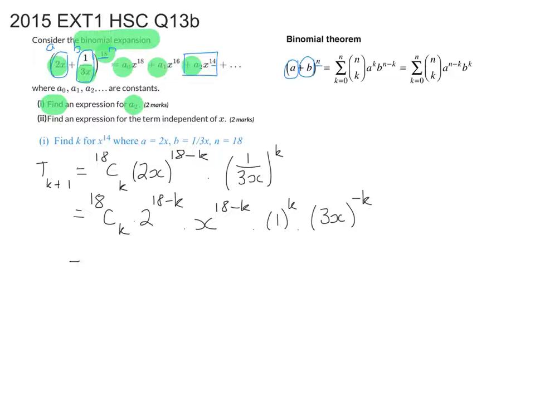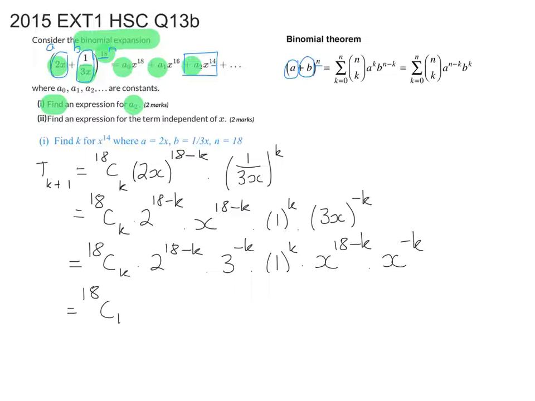So linking all of our like terms, our combination out the front, we have constants 2 to the 18 minus k and 3 to the negative k and a 1 to the k, and our x values 18 minus k and x to the minus k, and again creating one power by adding the powers together, we'll obtain our constant term.